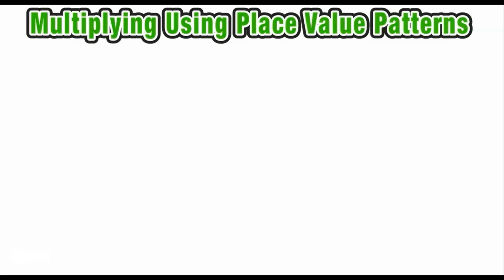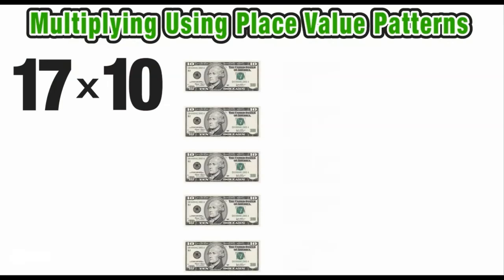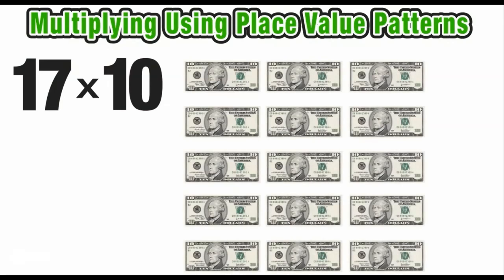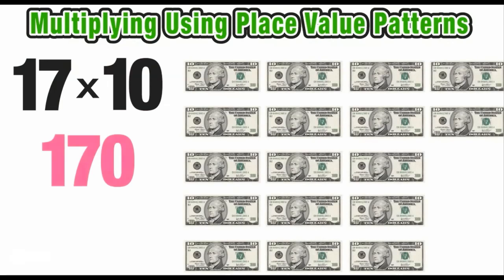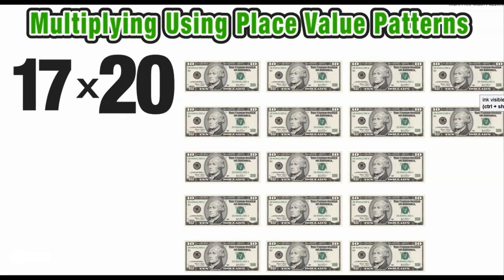So let's go ahead and start our first example where we want to multiply 17 times 10. Now, we can think of this as laying out 17 $10 bills and figuring out how much money that would be. So 17 tens would equal 170. Now, what if we were to replace that 10 with a 20? So now we have 17 times 20.